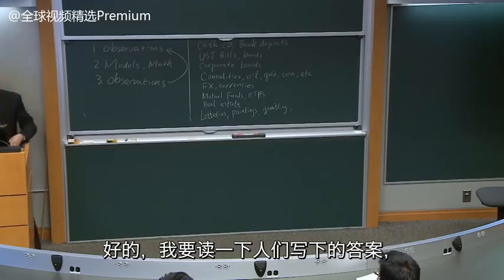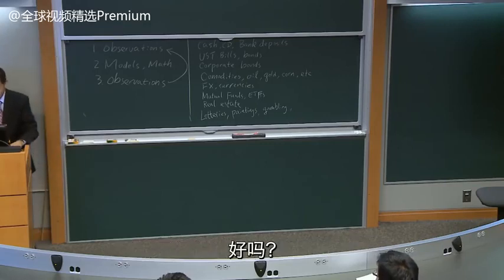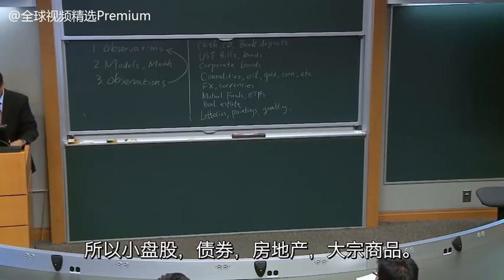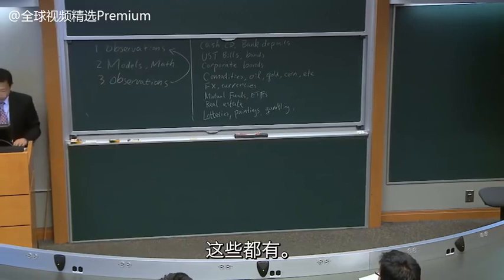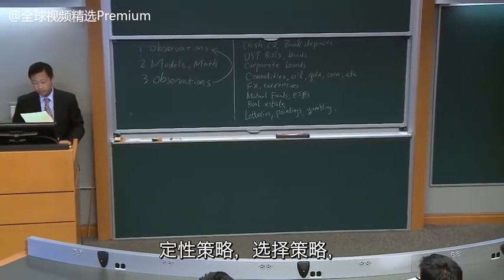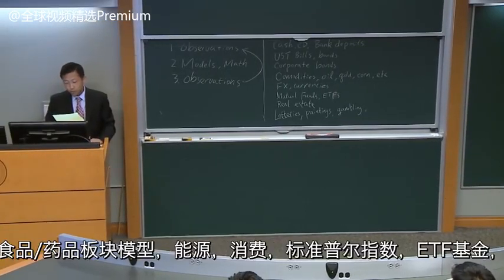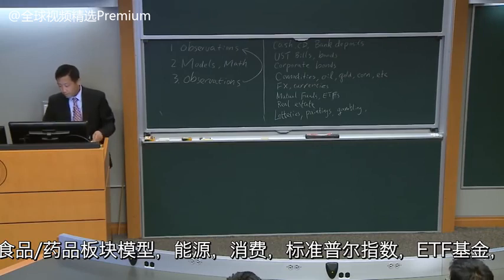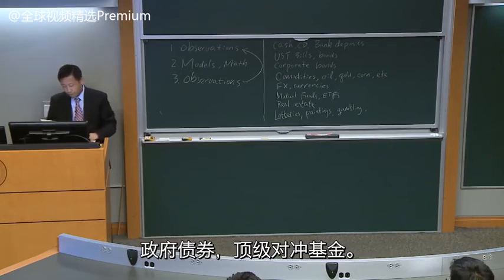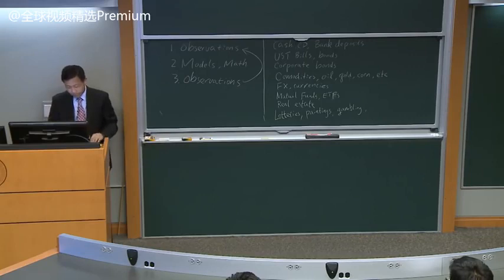Okay, I'm just gonna read the assets people put on. Okay, so small cap equities, bonds, real estate, commodities. Those were there. Quantitative strategies, selection strategies, deep value models, food, drug sector models, energy, consumers, S&P index, ETF fund, government bonds, top hedge funds.